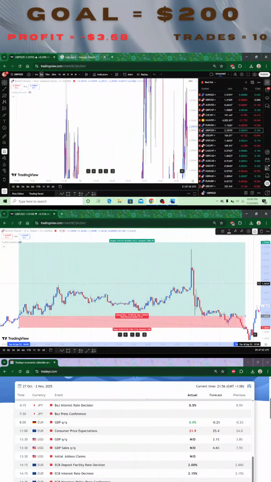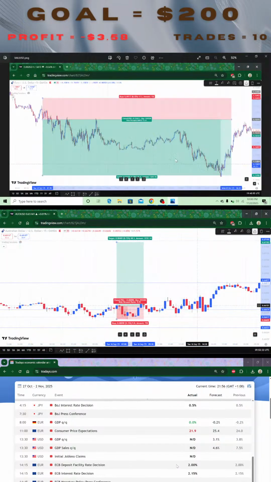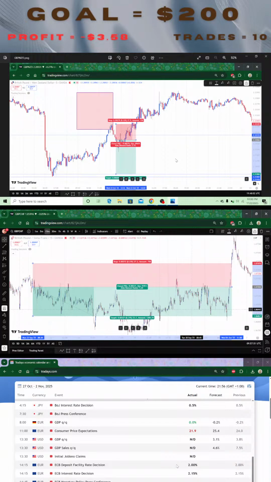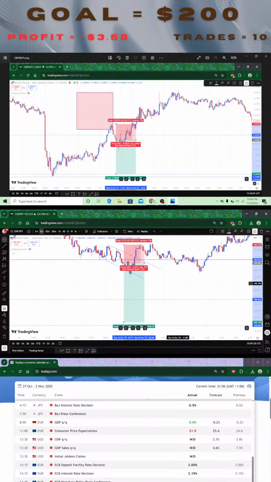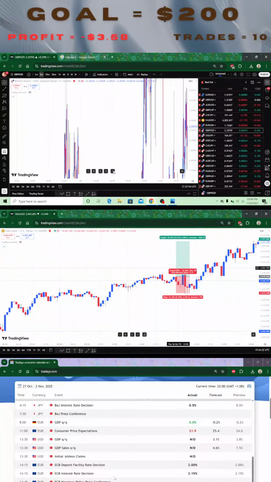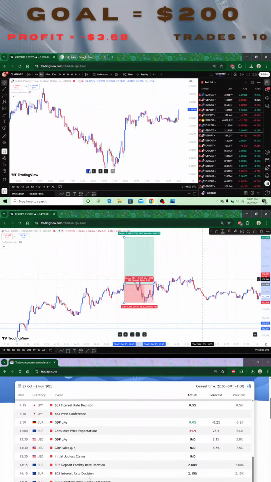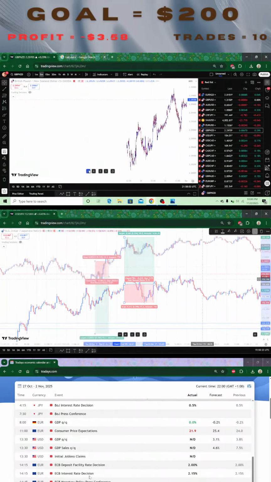GBP USD, after Euro USD. Sorry, GBP USD.